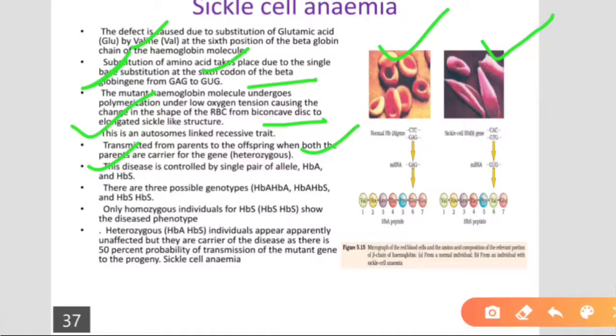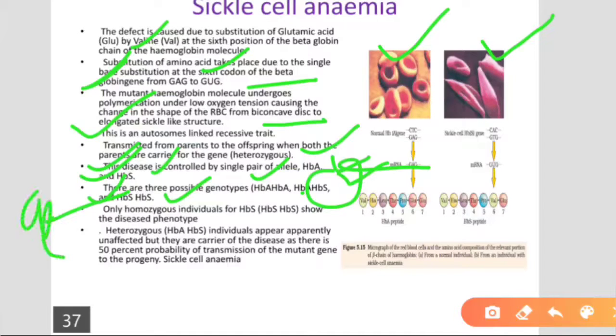The disease is controlled by a single pair of alleles, that is HbA and HbS. HbS is the diseased allele. There are three possible genotypes: HbA HbA, HbA HbS, or HbS HbS. HbA HbS is the carrier, HbS HbS is the affected, and HbA HbA is the normal, right?